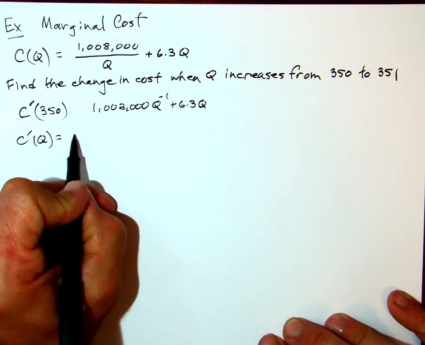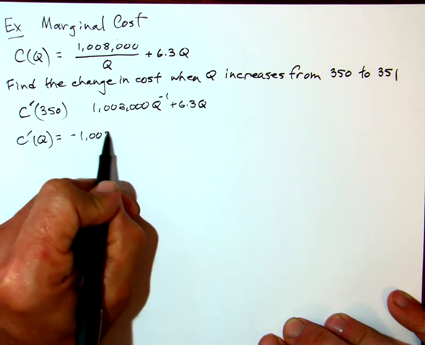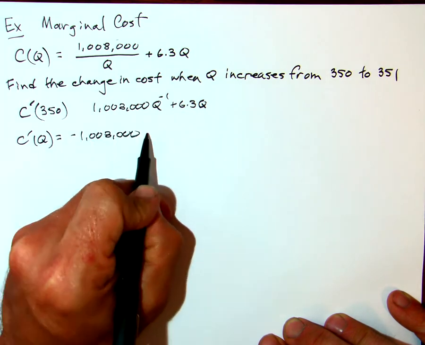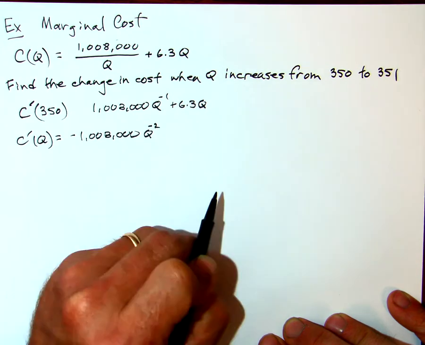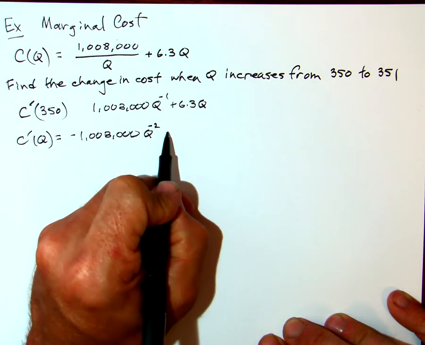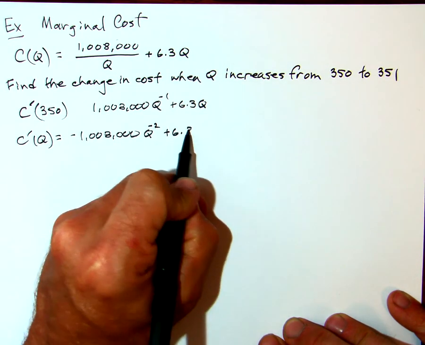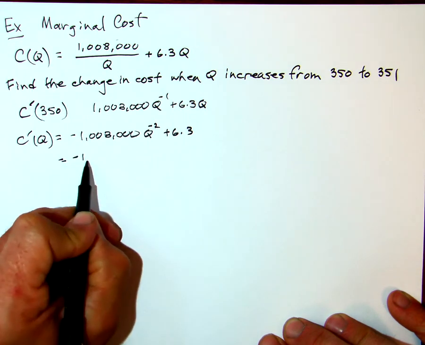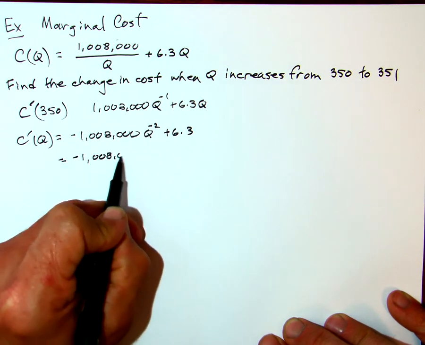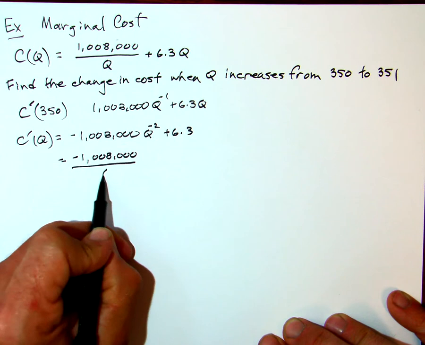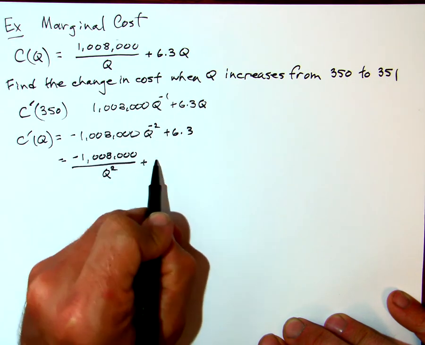That gives me negative 1,008,000 Q to the negative 2. The derivative of 6.3 Q is just 6.3. I'm going to rewrite that as negative 1,008,000 over Q squared plus 6.3.